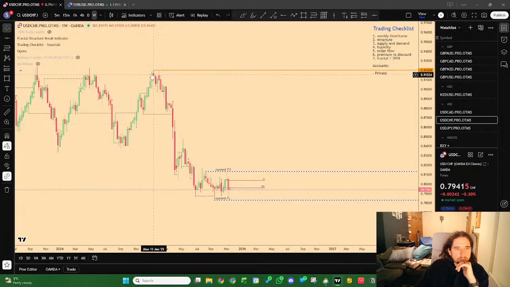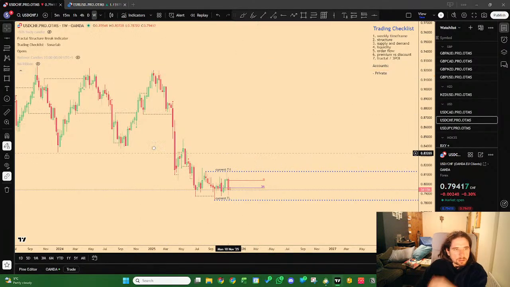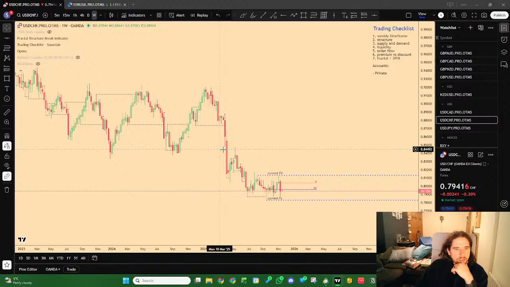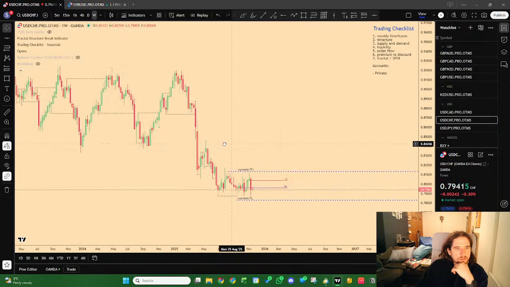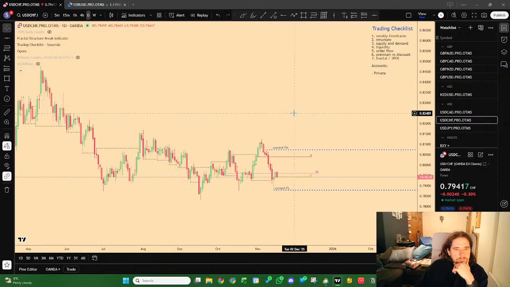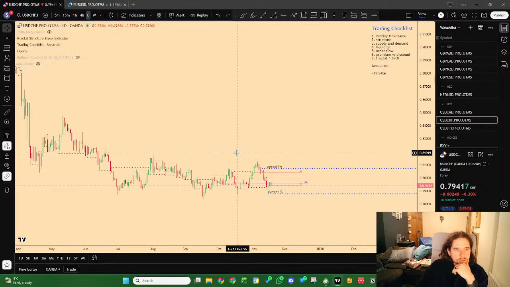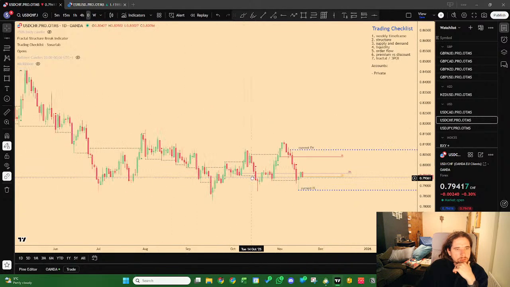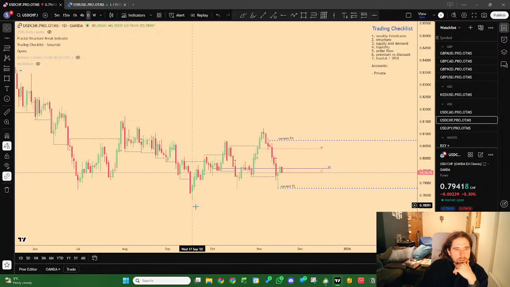Weekly, let's see what's happening on weekly. Ranged, broke that, come down. USD/CHF daily, yep, still bearish between these two zones here.